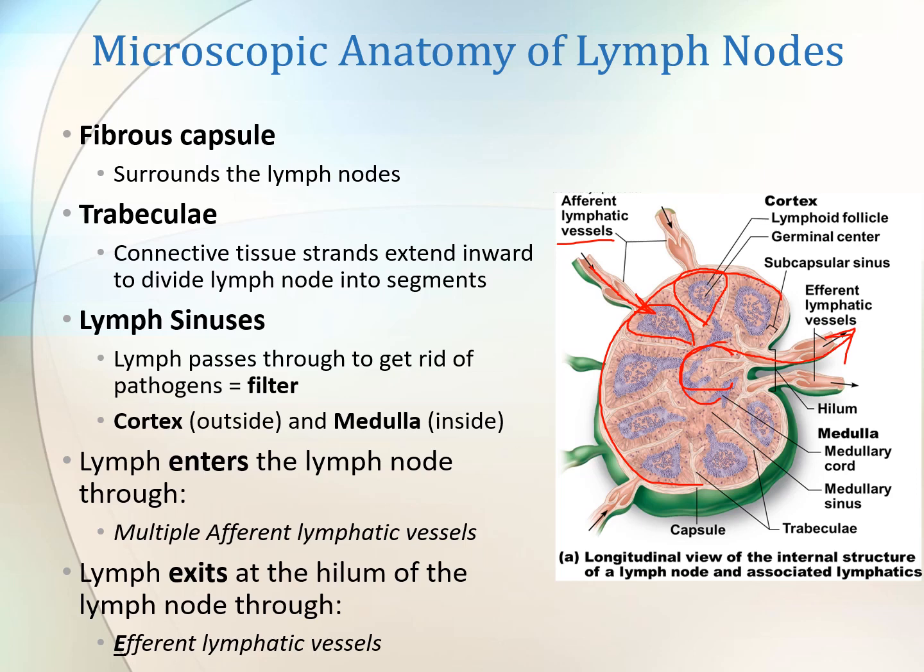There aren't as many efferent vessels to exit the lymph node because essentially we're converging, right? We're going to take all of the tiny lymphatic capillaries, they're all going to merge into lymphatic vessels, and then these are going to merge into trunks. So we'll talk about the lymphatic trunks next, okay?